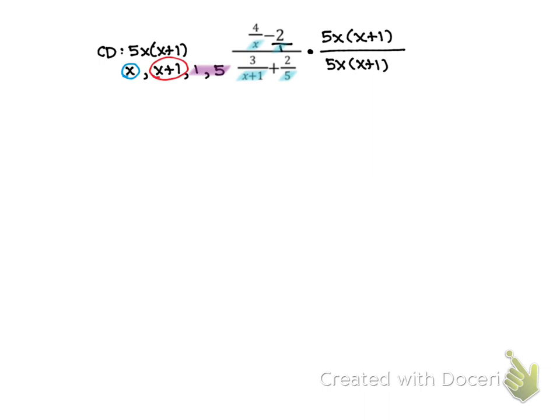Now I'm not going to show that other additional step that I did on the previous one. I'm just going to try to distribute this here and here. So if I distribute this to the 4 over x, the whole thing, the 5x, x plus 1, the x's are going to cancel, and I'm going to have a 4 left over, and the 5.